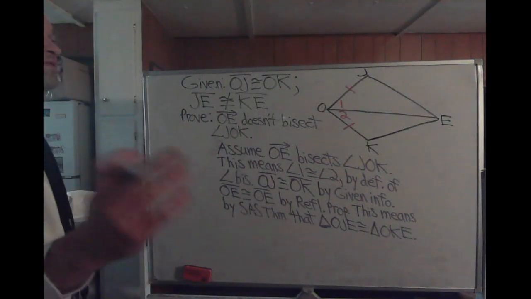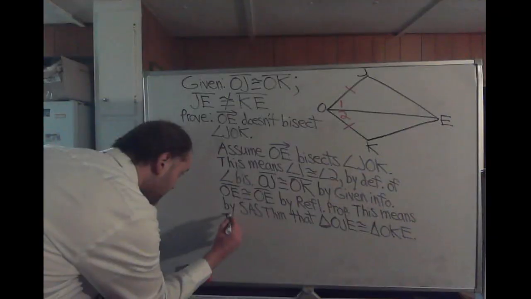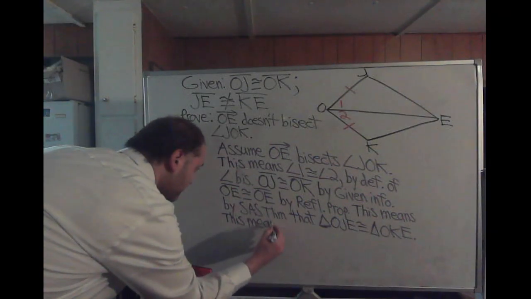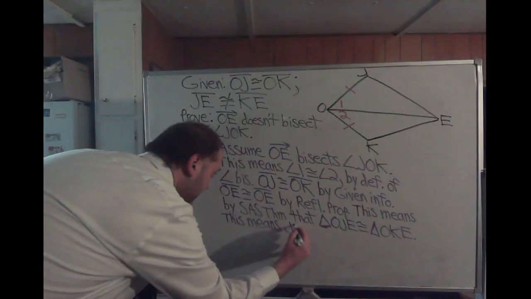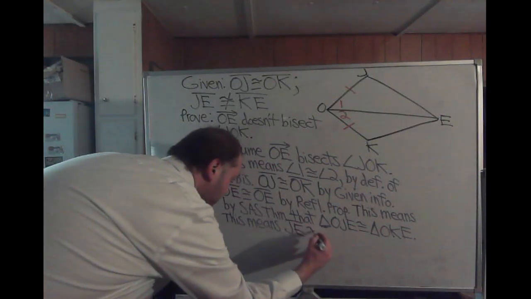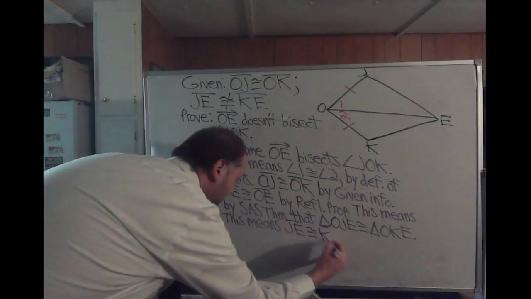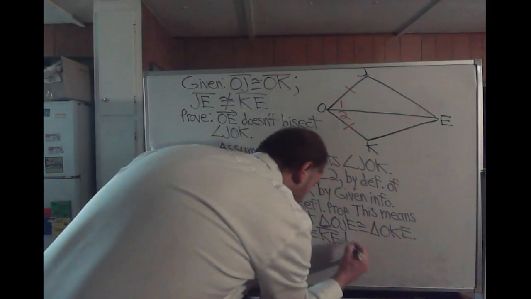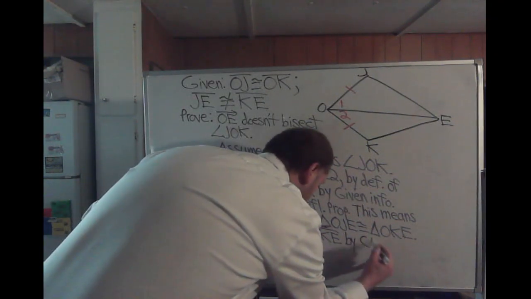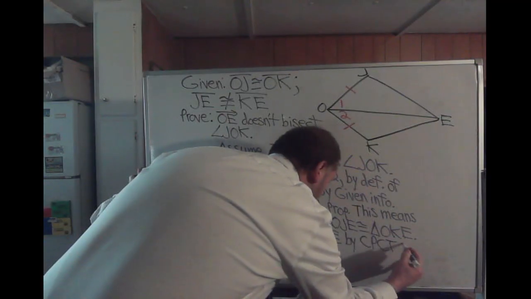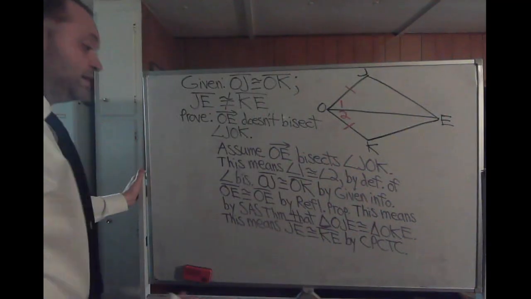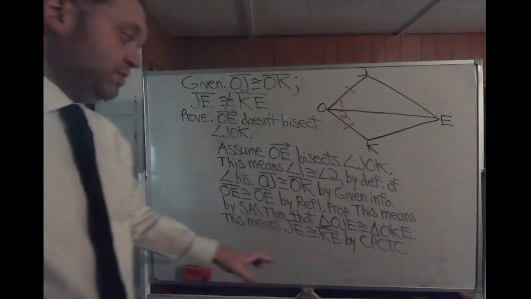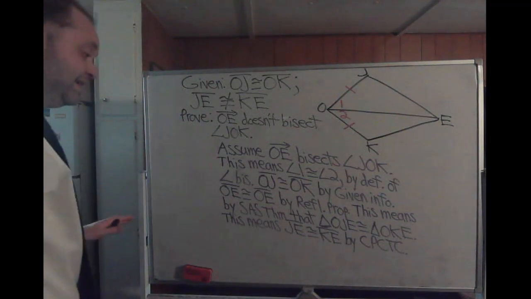So now that we've proven congruent triangles, this means JE is congruent to KE by CPCTC. Corresponding parts of congruent triangles are congruent. So now we just made a contradiction that JE is congruent to KE by CPCTC.